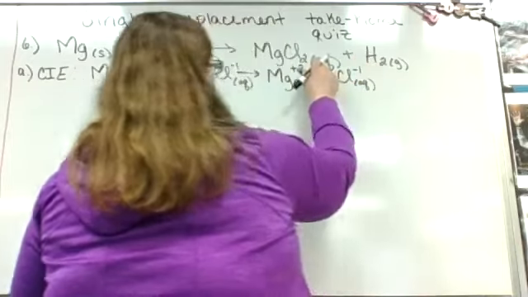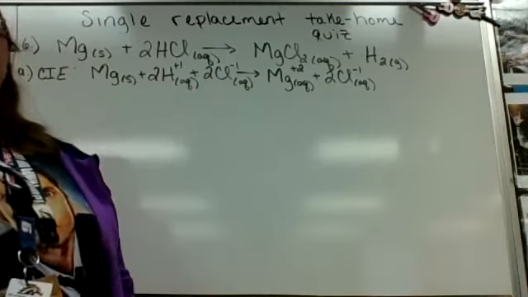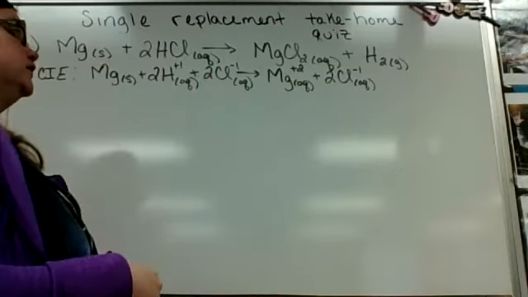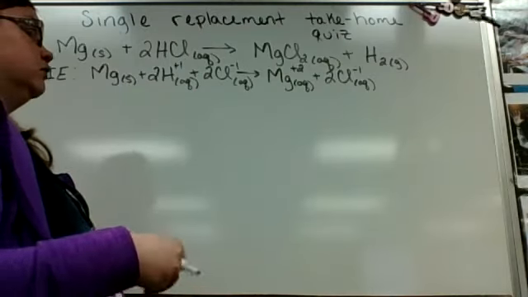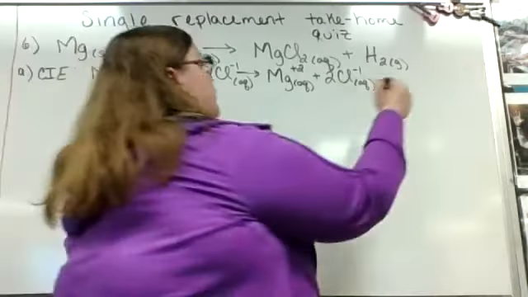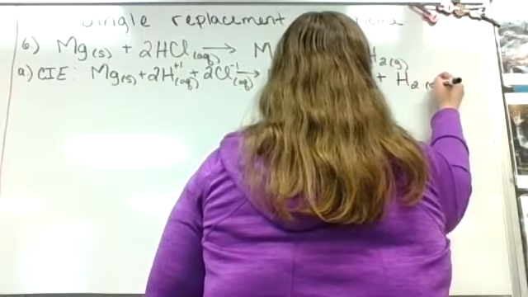This is aqueous. So we break everything up. We don't keep it Cl2. We bring the subscript out and make it a coefficient and make it an ion because it's aqueous. Now, the H2 gas is going to stay H2 gas.